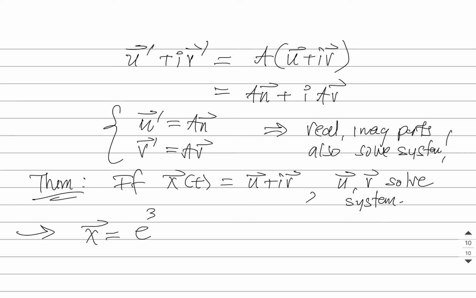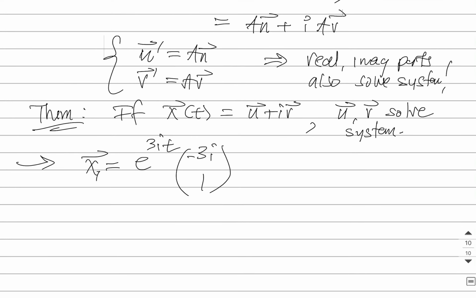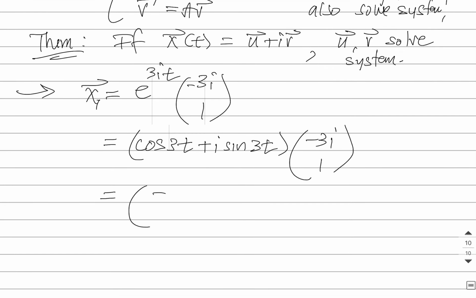So what we are going to do is take either one of them. If we have the first complex solution, which was e to the i 3t times this vector, we're going to use the Euler formula and multiply things through. When we do this, we'll get negative 3i cos 3t plus 3 sine 3t.